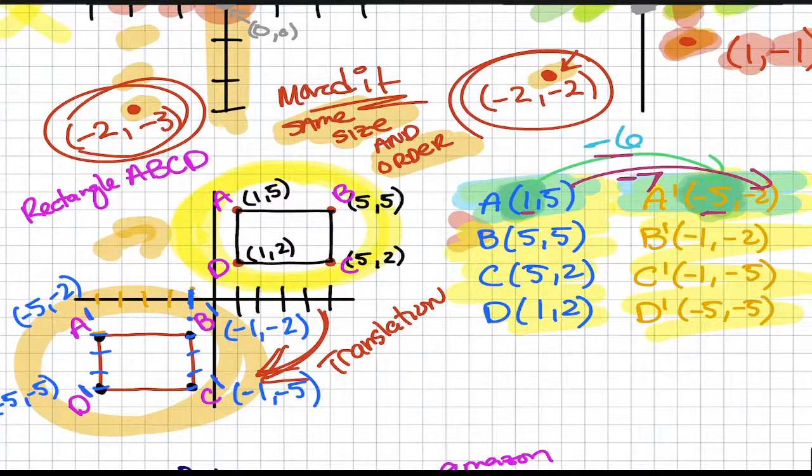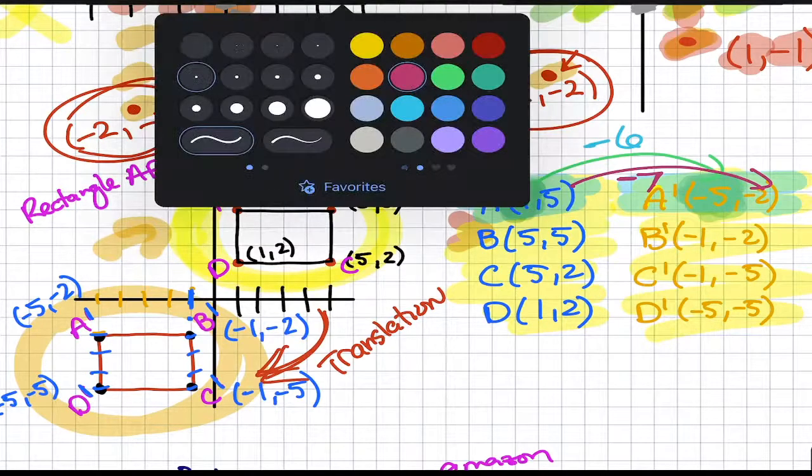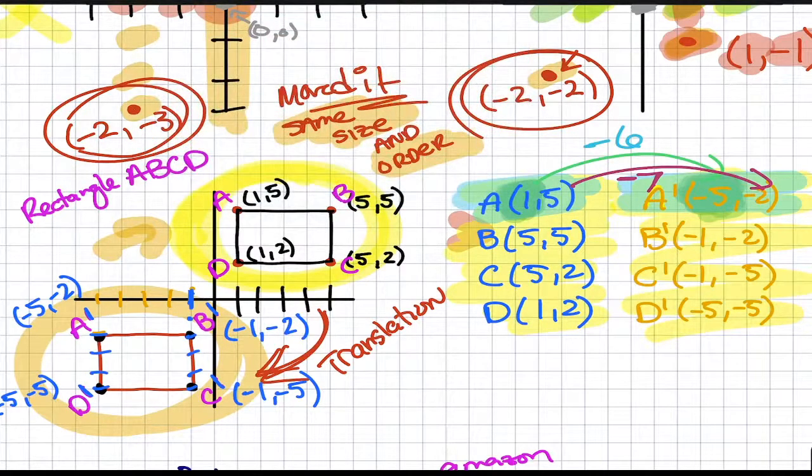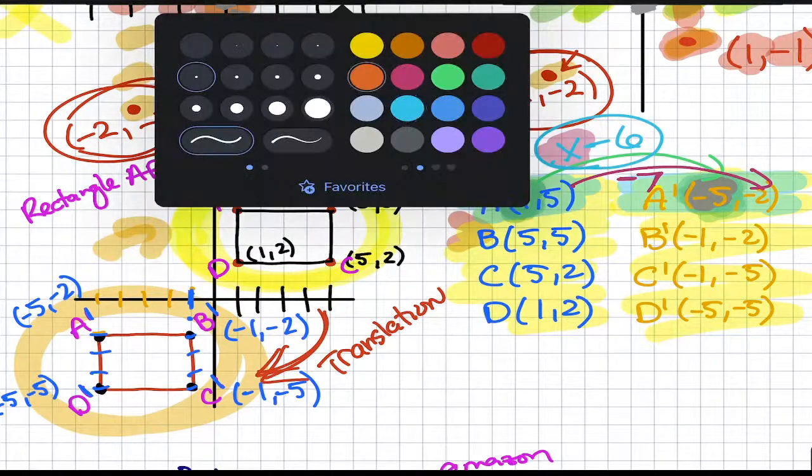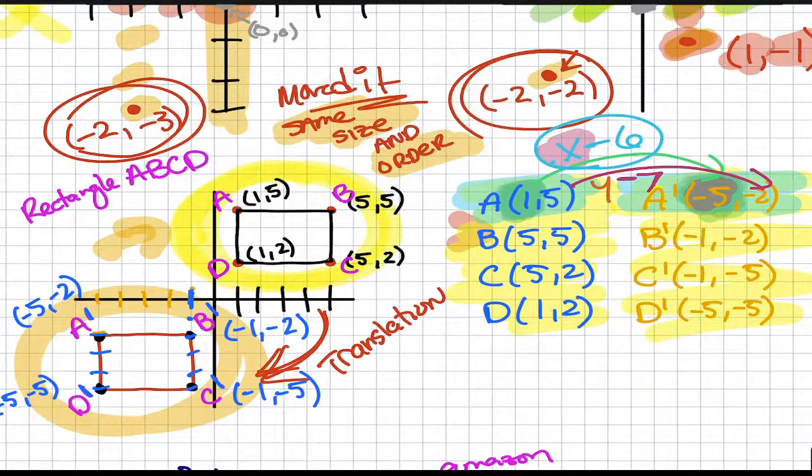Okay? So for the x, you had to subtract 6. So the algebraic representation for this is x minus 6. Because you have to take the x of the original and subtract 6 from it to get this. And the algebraic representation for your y was y minus 7.